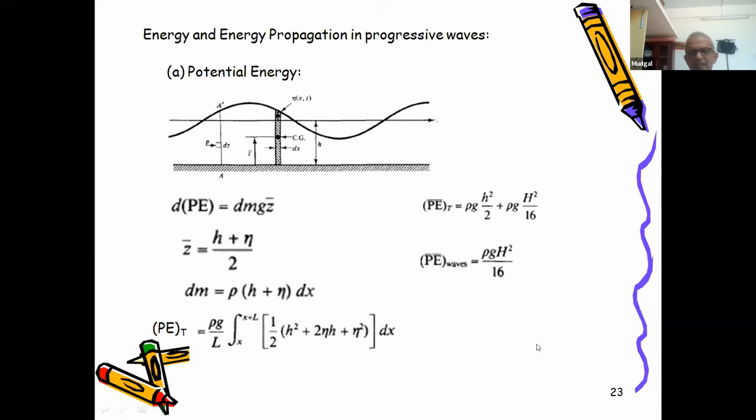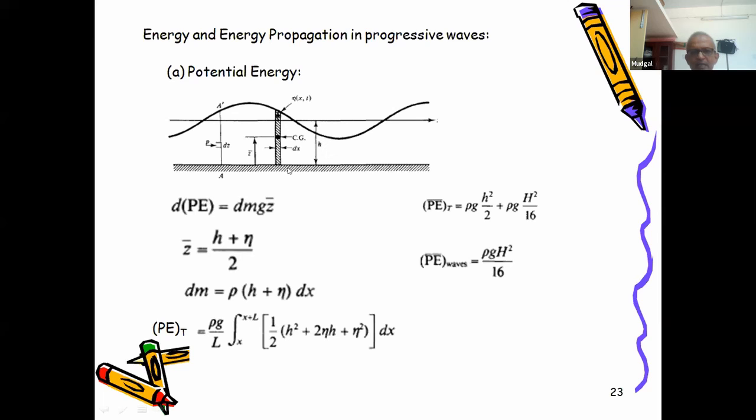Now, coming to the last part, we will look at the potential energy and the kinetic energy. So if you take a wave and then take a slice of the wave here, then dPE, that means the differential potential energy, is equal to dm, which is the elemental mass, into g z bar. What is z bar?